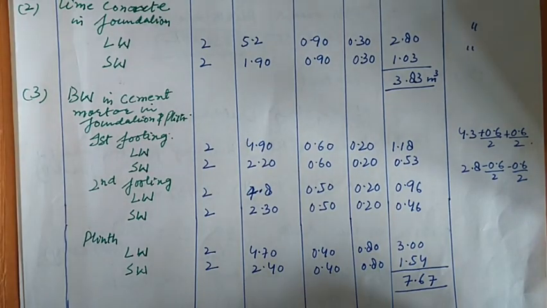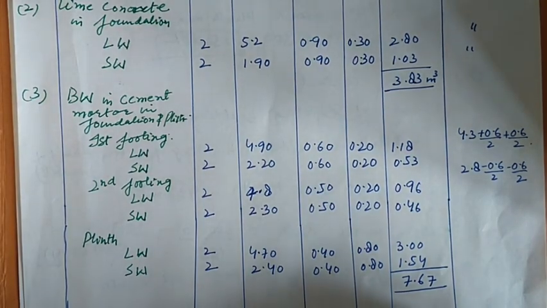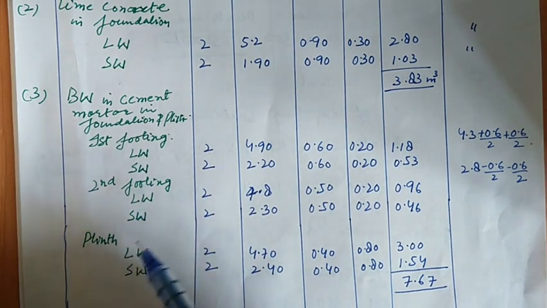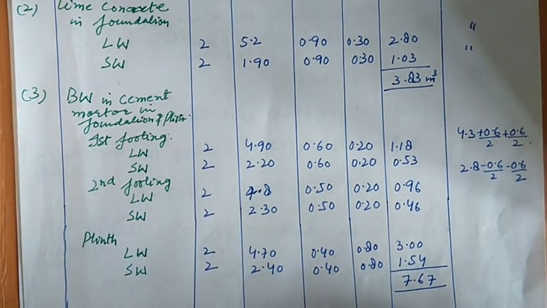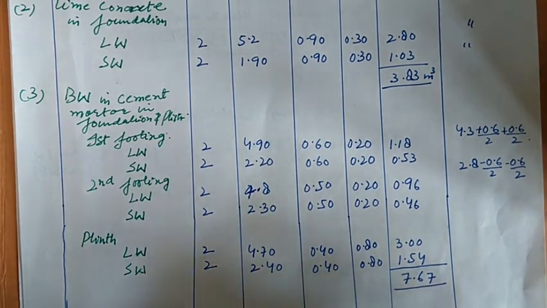Now I have calculated for all the other things, that is for second footing and the plinth. You can see all the calculations in the similar manner I have calculated for the above.